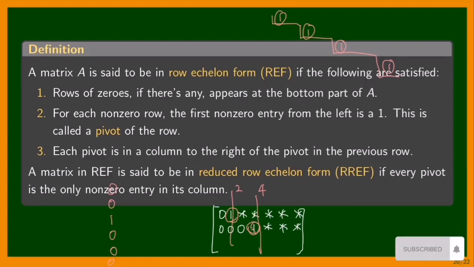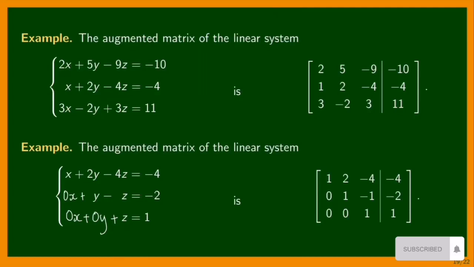When you look at the matrix here, for example, ito ay nasa REF siya, row echelon form. Kita nyo naman, ang first non-zero entry from the left are all ones, and these ones are arranged in echelon form. Yan ang sabi ng echelon form. But this one is not in RREF. Why not?